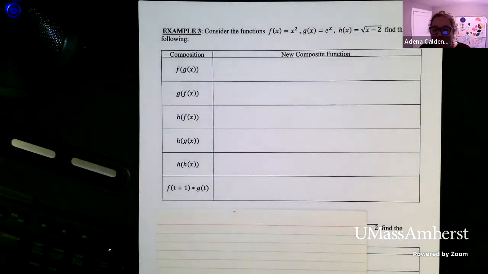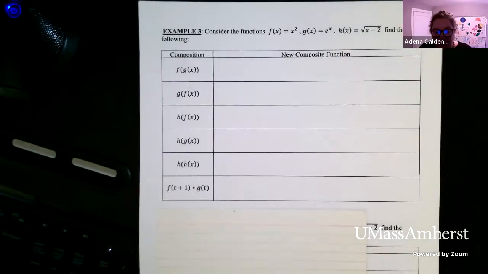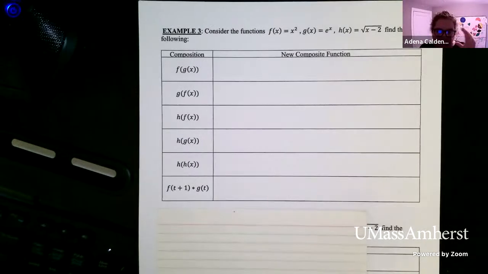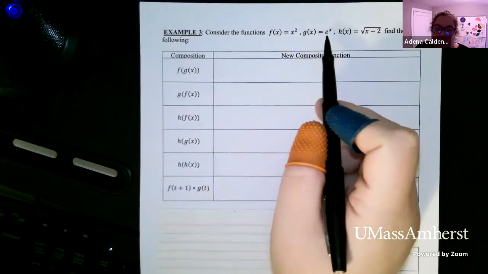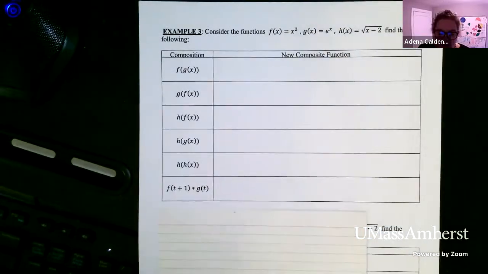So there's a couple different ways that you can set this up to do this. It's really sort of a matter of preference, but I'm going to show you how I think about it, and hopefully it makes sense to you. But if you've learned it a different way or think about it a different way, that's okay. So we're trying to plug the g function, which is e to the x, into the f function.